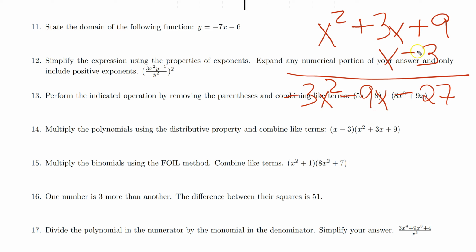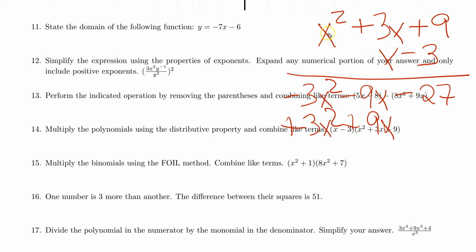And you can check your work. So negative times a positive is negative, negative. That looks good. So now x times 9 is going to be a positive 9x. This times this is going to be a positive 3x squared.